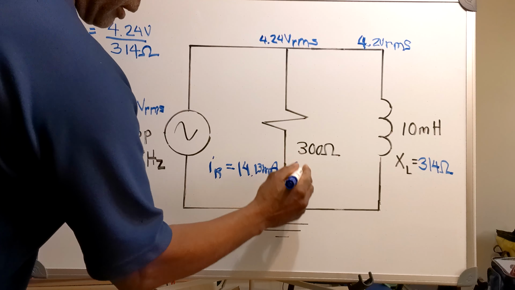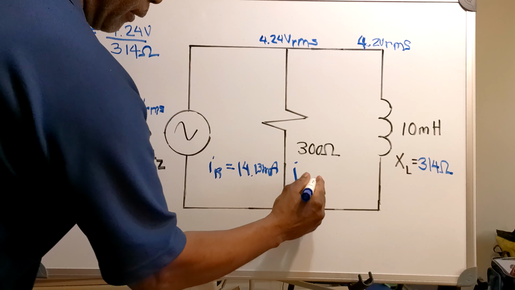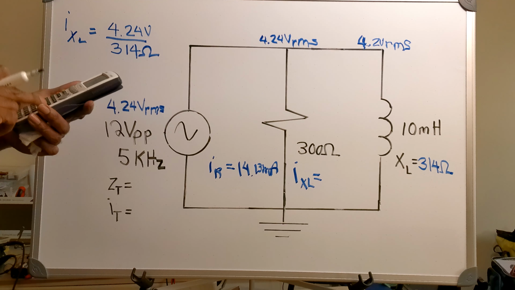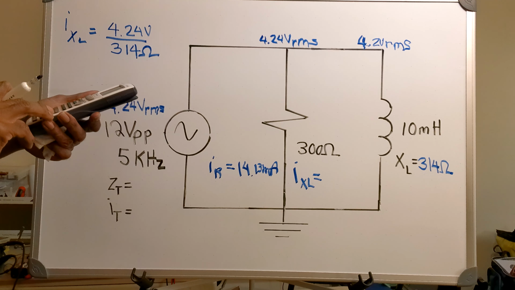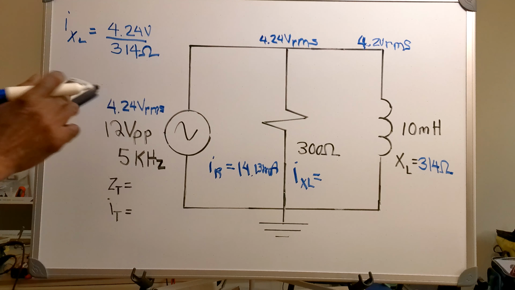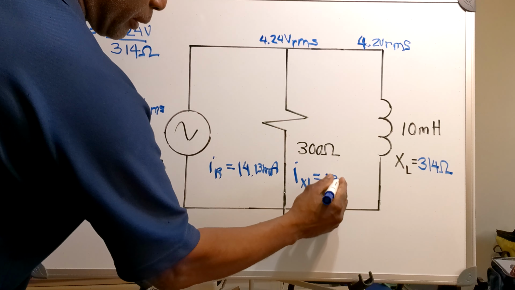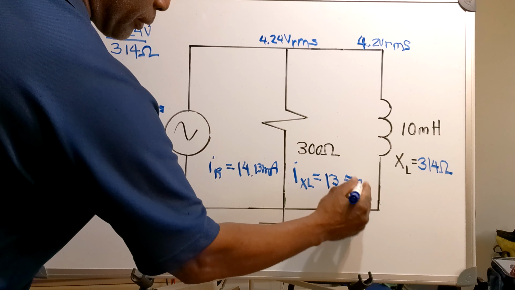And that gives me a current of 4.24 volts divided by 314 ohms. That gives me a current of 13.5 milliamps.